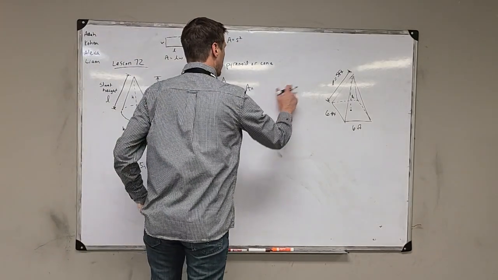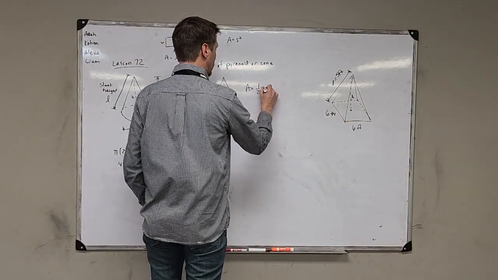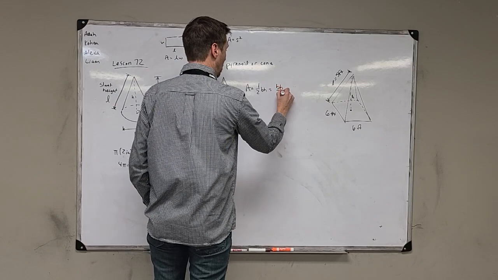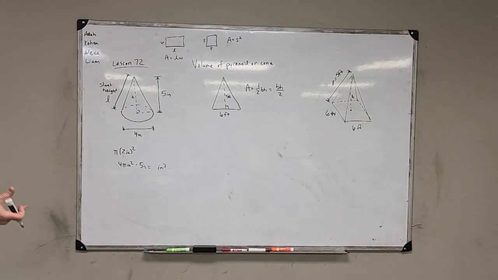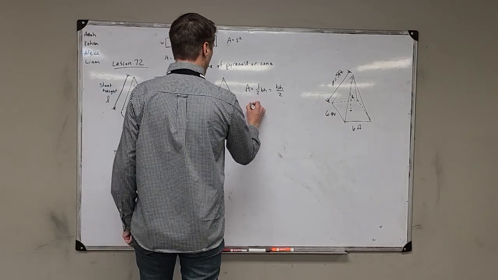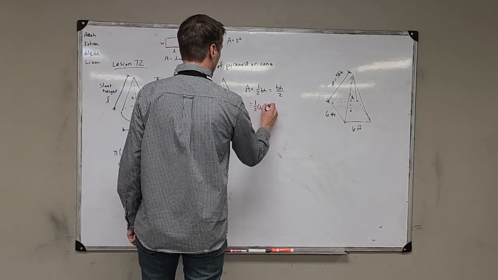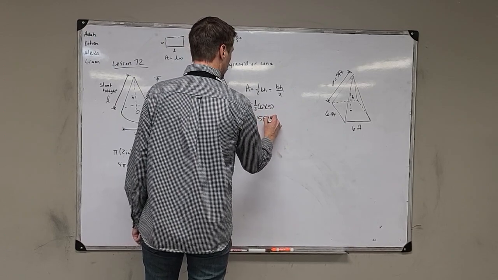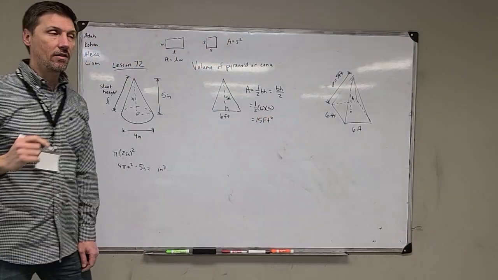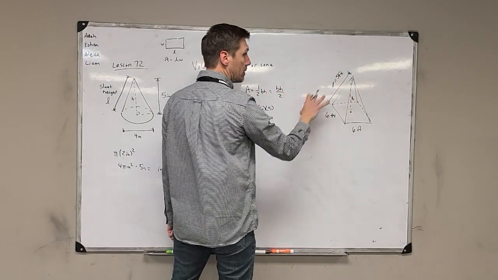So some of you think of this as 1/2 BH. Some of you think of it as BH over 2. Both are true, it's the same thing, right? And so when we plug that in, we get 1/2 of 6 times 5, or 1/2 of 30, so it's going to be 15 feet squared, right? So that's the area of one of these faces on our pyramid here, right?